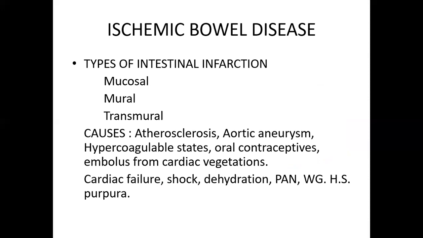Mural is when there is involvement of the submucosa along with mucosa. And transmural means the full thickness of the intestine is involved by the infarction: mucosa, submucosa, and muscularis. So all 3 layers are affected.